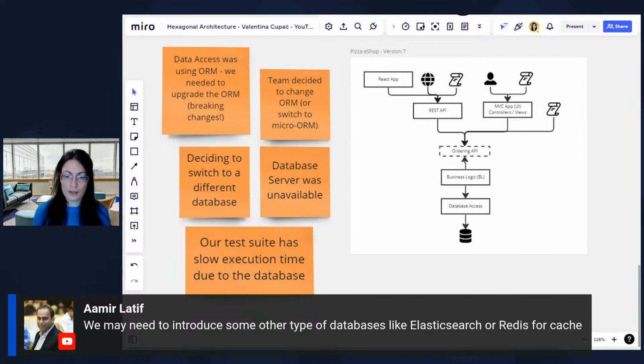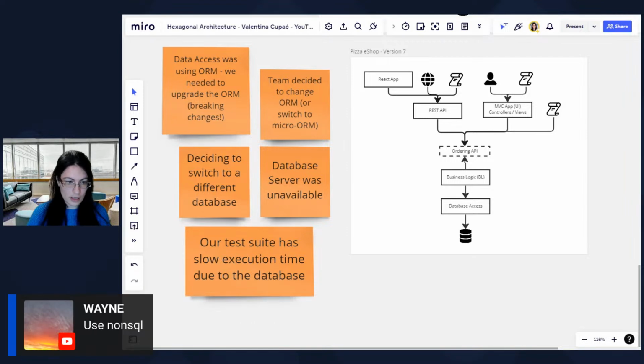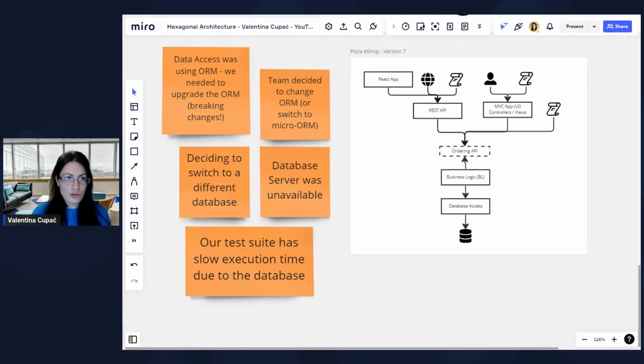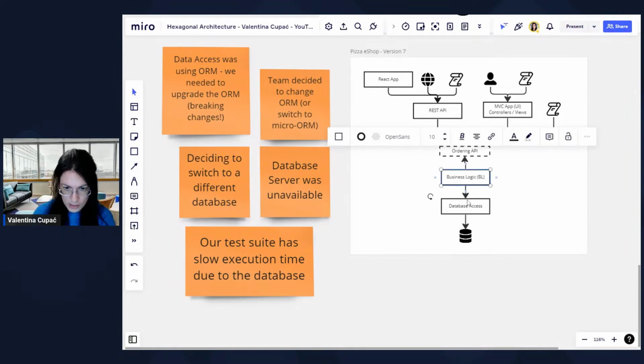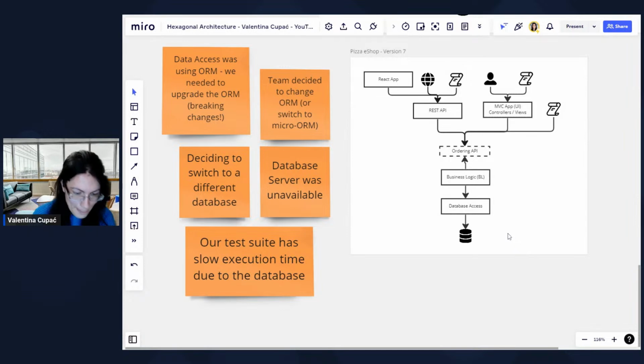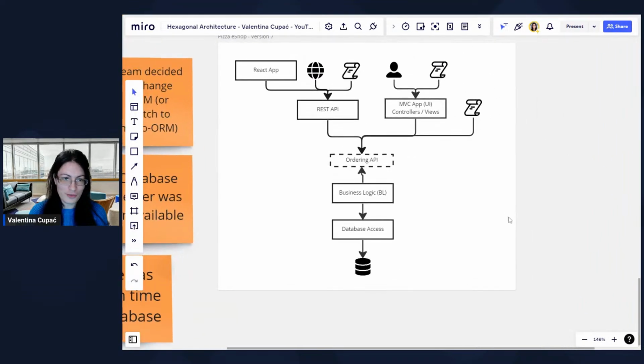We might be replacing our, let's say, Postgres database by Elasticsearch or Redis, or even switching to a completely other type, or even using two databases essentially. So yeah, basically the usage of NoSQL. So we've just had a discussion that yes, we have this situation that we may need to switch to a different database, and this is causing such a huge pain. The question is, is there any solution to this kind of problem?